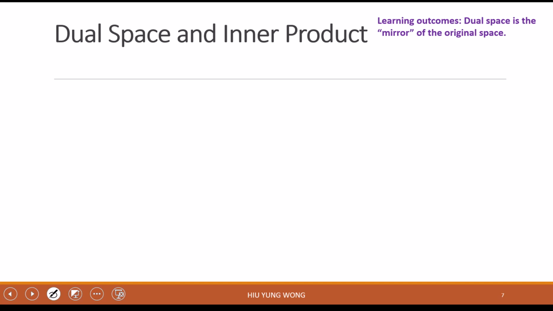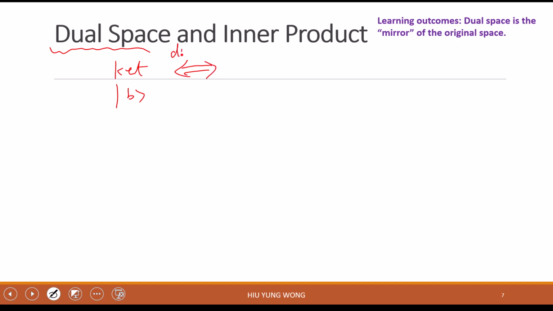Now, in linear algebra, we also have a concept called dual space. So what does it mean? It's just like the mirror image of the vector, okay? So I have a ket, for example, B. Its mirror image, of course, is not the real mirror you see, but just imagine we can find a relationship just like its mirror image. We usually say they correspond to each other.